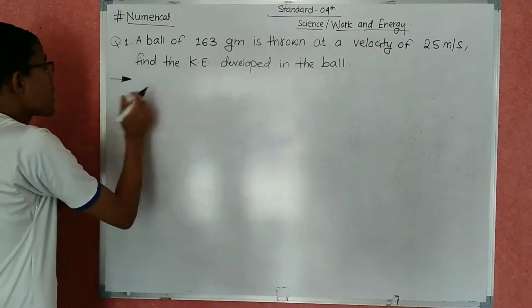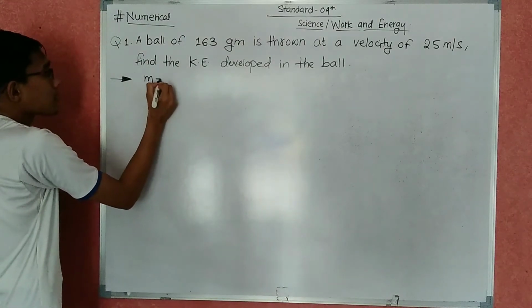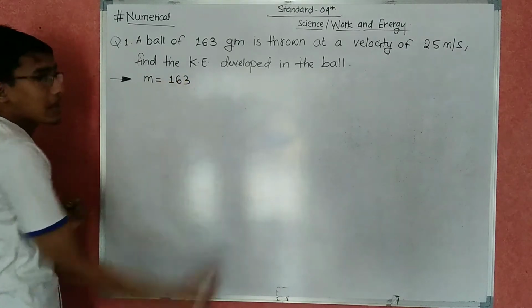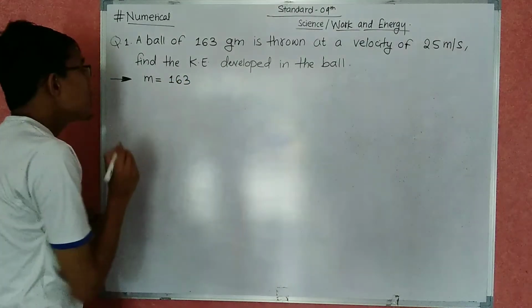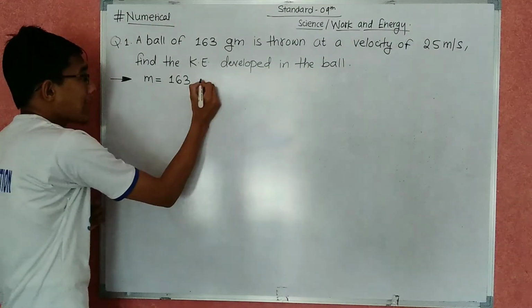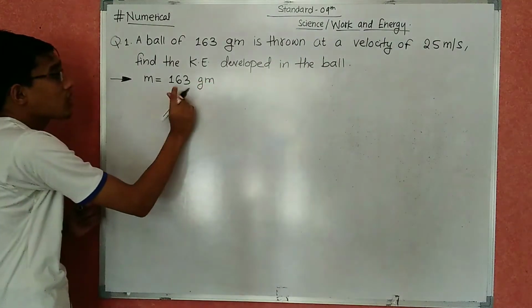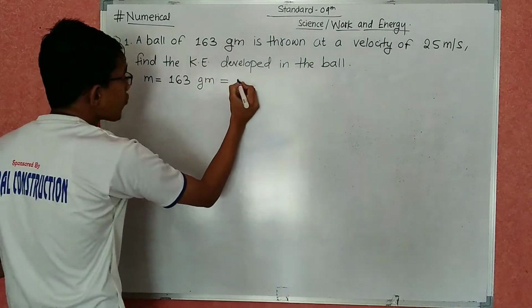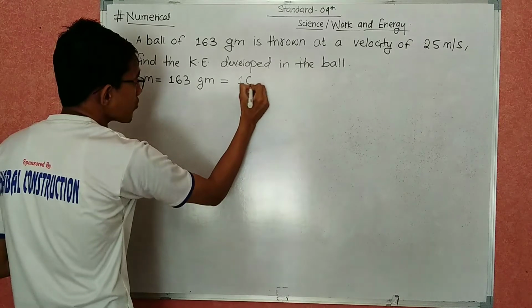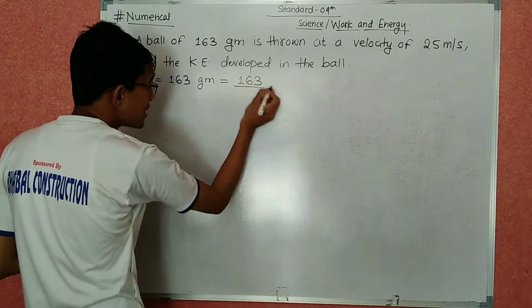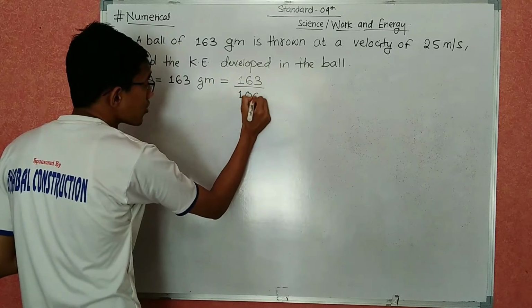So the mass is given, that is m is equal to 163 gram. We know that the SI unit of mass is kilogram. So we have to convert this 163 gram into kilograms. So what we will do, we will divide this 163 by 1000.